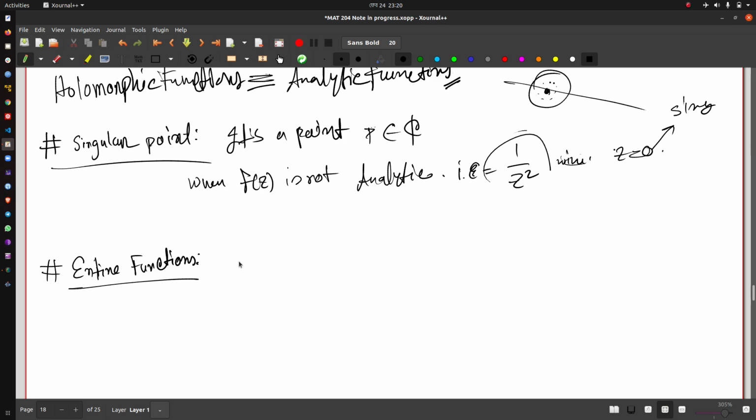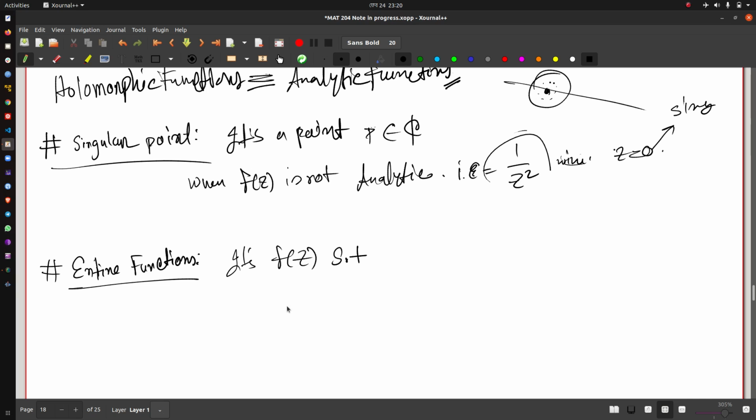What is an entire function? It's a type of function such that it is analytic at each point in the entire finite plane.